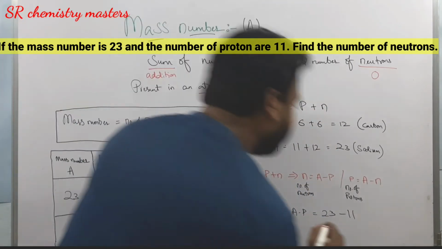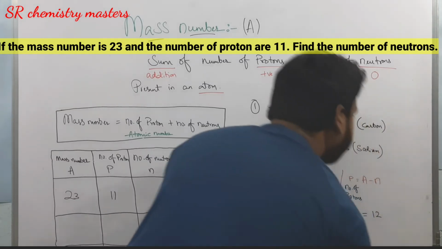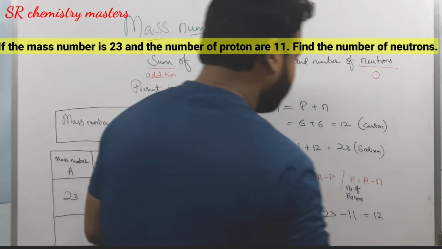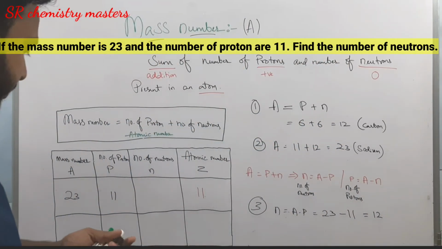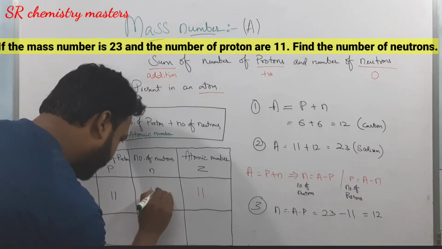So the resultant will be 12, and this is the number of neutrons present in the sodium atom. We got the answer for this one. Here the number of neutrons is 12.